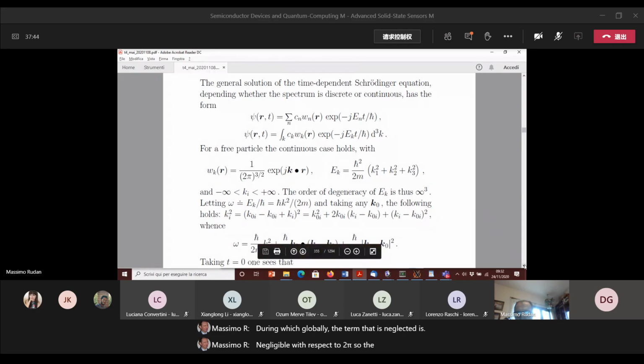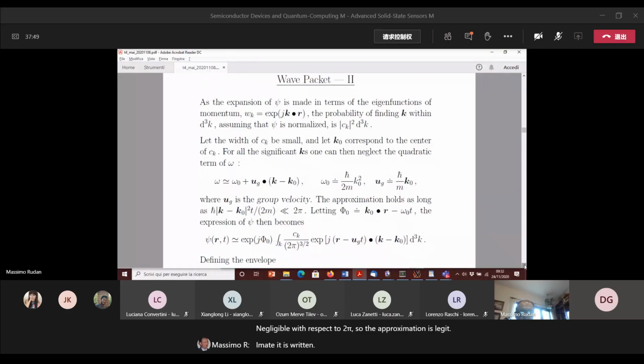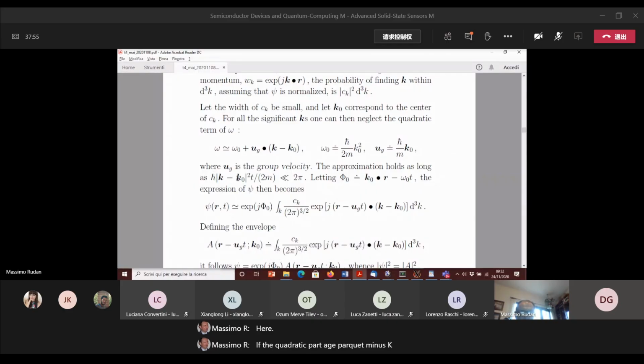So the approximation is legitimate, as written here, if the quadratic part, h bar times k minus k0 squared times t divided by 2m, is smaller than 2 pi, okay? So assume that we are in these conditions, so that we consider the wave packet for a relatively short interval of time.